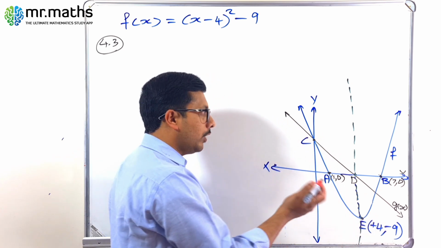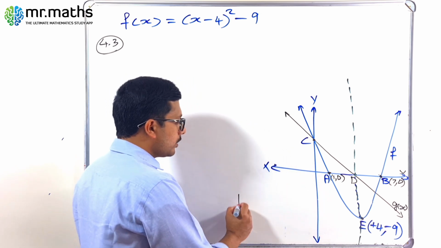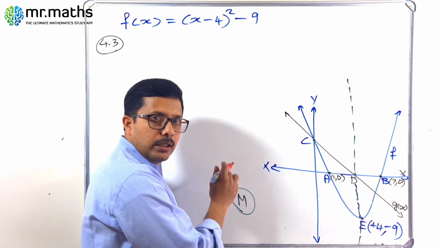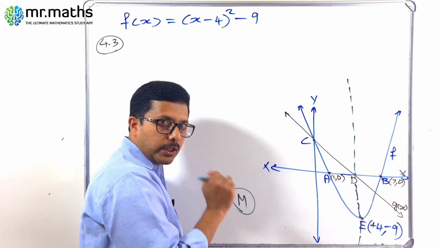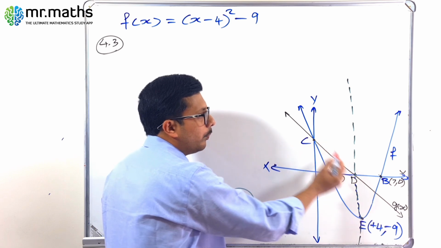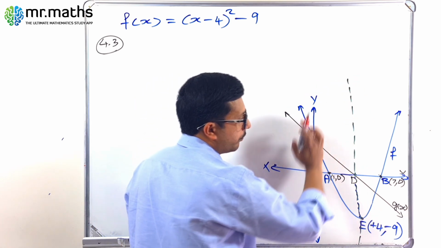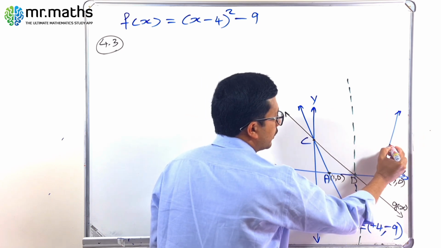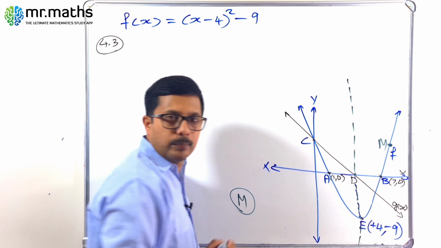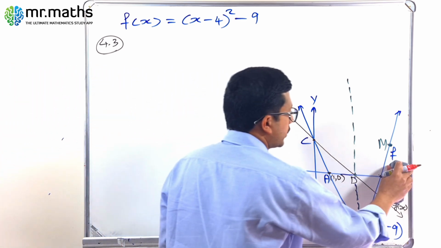Now look at that sentence: M is the reflection of C based on the axis of symmetry. If this point reflects, it will come exactly here. Am I right? So this is that point M.